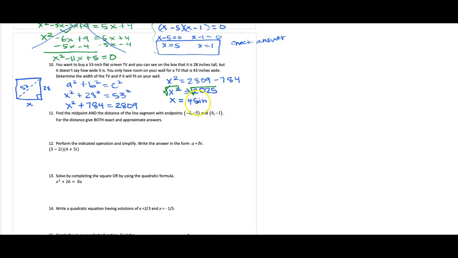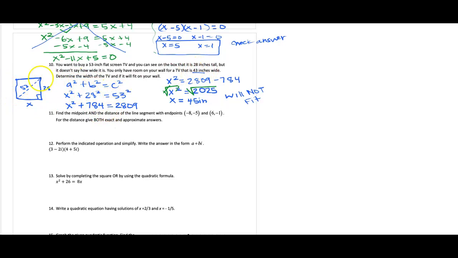Is it going to fit on your wall? No, sir. No, it won't. Will not fit. Okay, because you only had 43 inches. So the thing that I want to make sure that you see on this is that you're not using that 43 in the Pythagorean theorem, right?